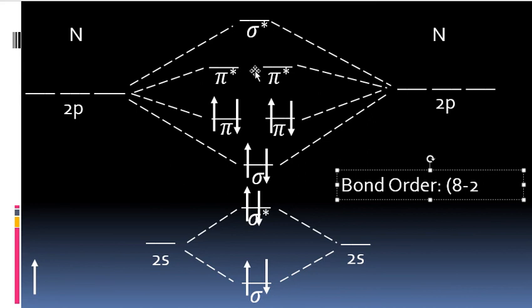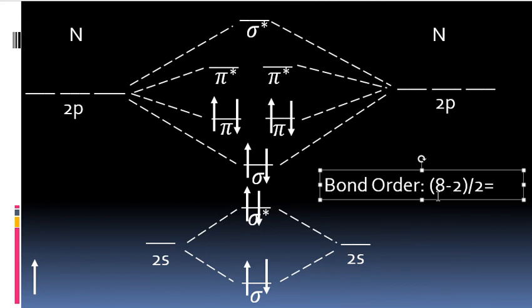Therefore, we don't have any additional anti-bonding electrons to take into account. So our equation is 8 minus 2 divided by 2, and 8 minus 2 is 6. 6 divided by 2 is 3.